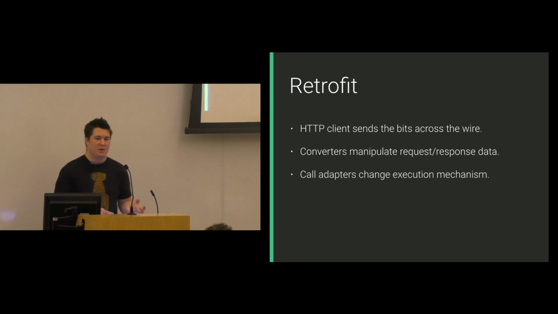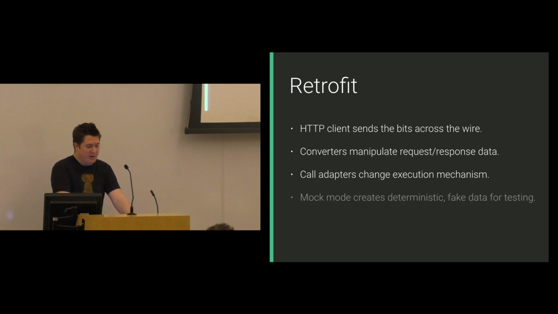Call adapters, which is the execution mechanism, the thing that actually executes the request. Great extension point. And finally, Mock Mode, which is not an extension point so much, but a feature that's really little known, but gives you great results for deterministic fake data that still behaves sort of like a network.